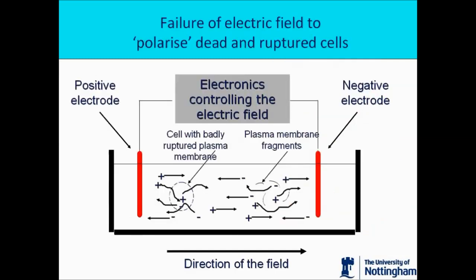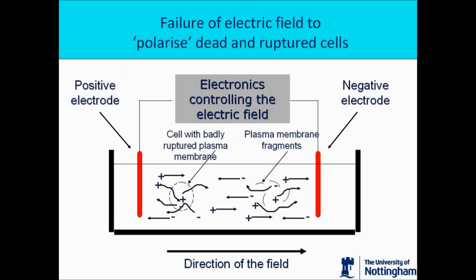If you have a dead yeast cell, so this would be a cell that would score as being non-viable using a standard vital stain, then those cells have ruptured or non-functional membranes. And because the membrane is not functional, they're not able to build up this charge, and therefore there is nothing to measure.